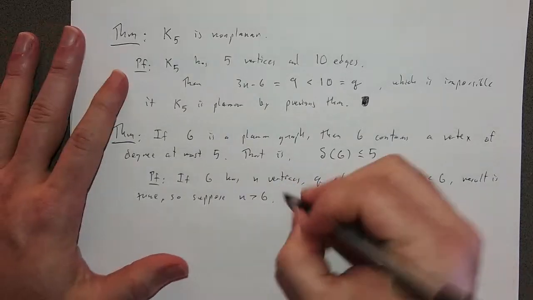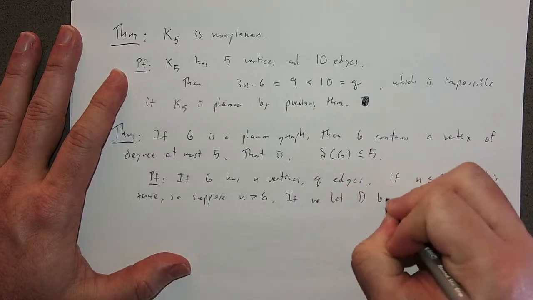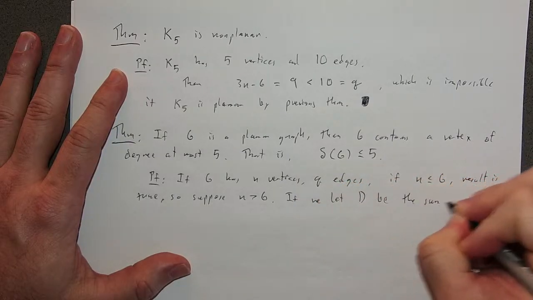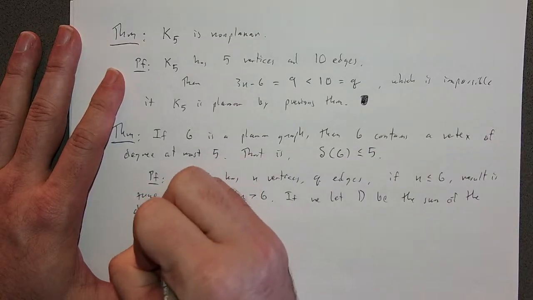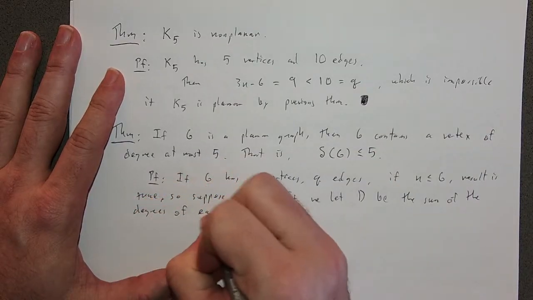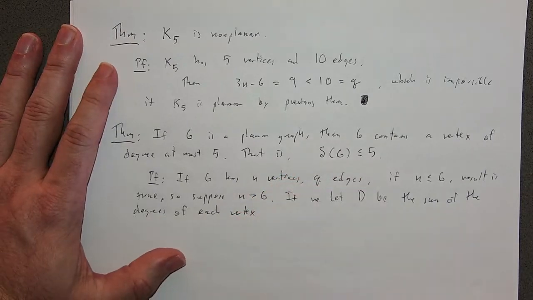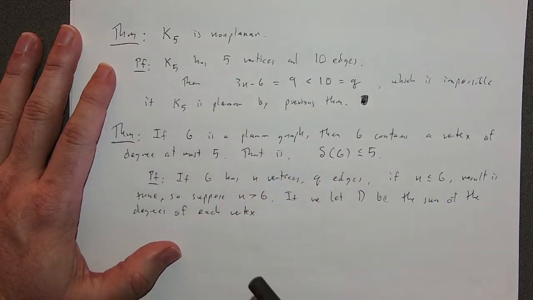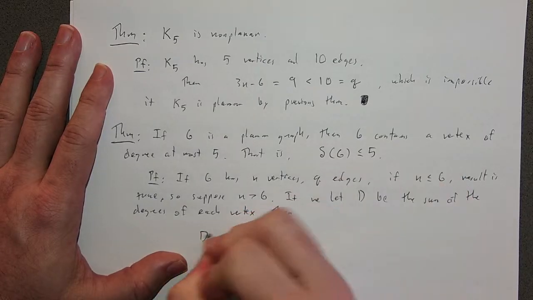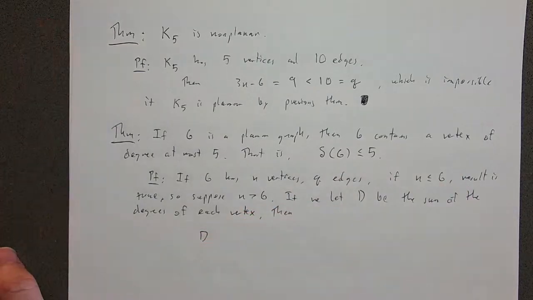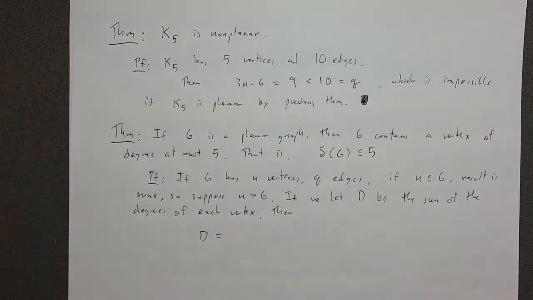Okay. If we let D be the sum of the degrees of each vertex, over all the vertices of G, then whatever the sum is? We know from our very first theorem of graph theory, right?